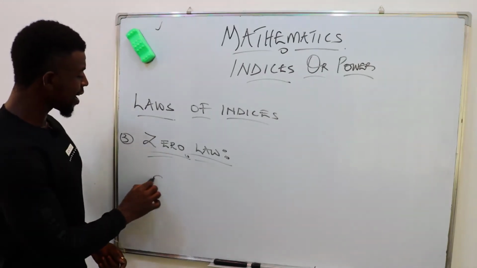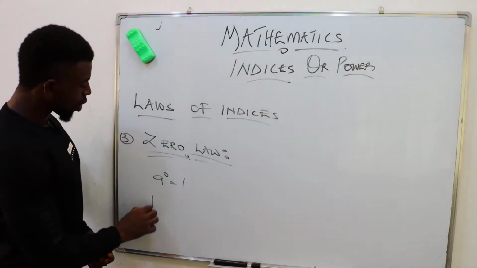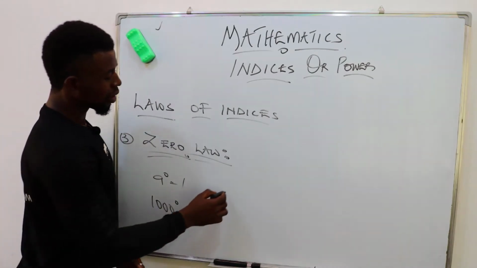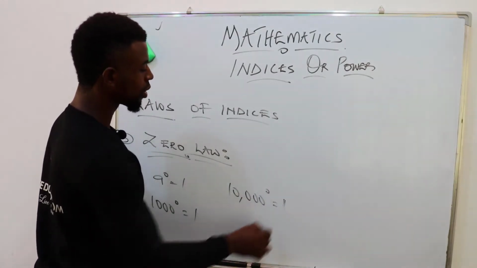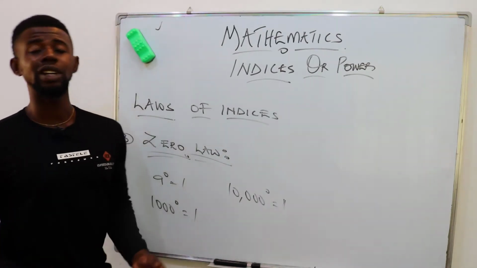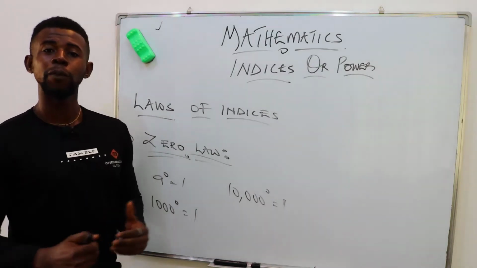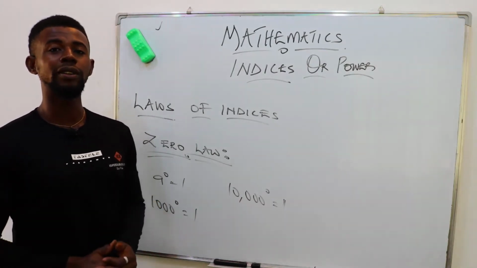So I have that a raised to the power 0 is equal to 1. 1000 raised to the power 0 is equal to 1. 10,000 raised to the power 0 is equal to 1. So this zero law simply tells us that no matter how big a number is, no matter how strange a number is, once that number is raised to the power of 0, its answer is simply 1.